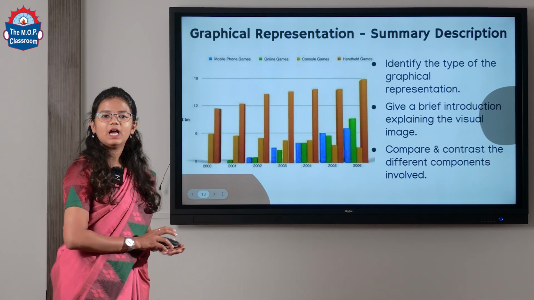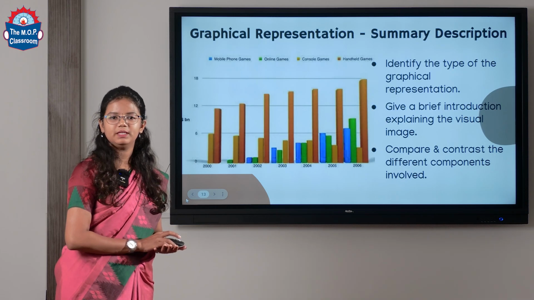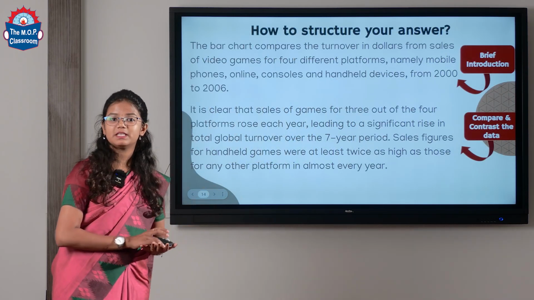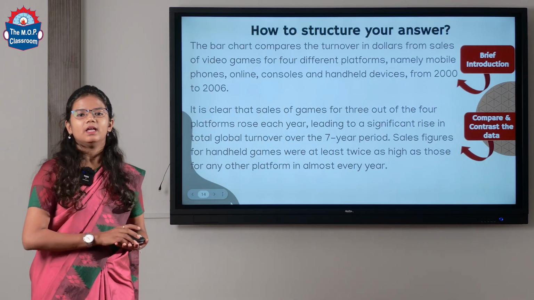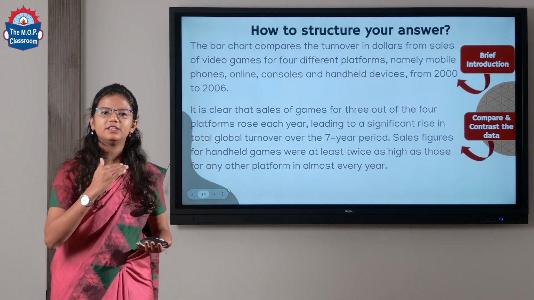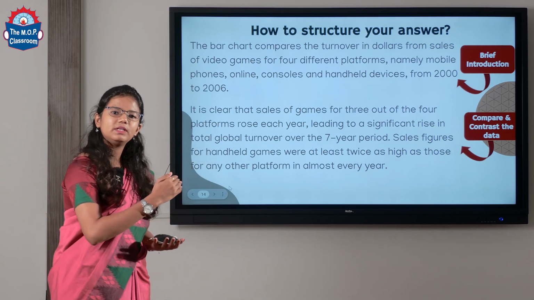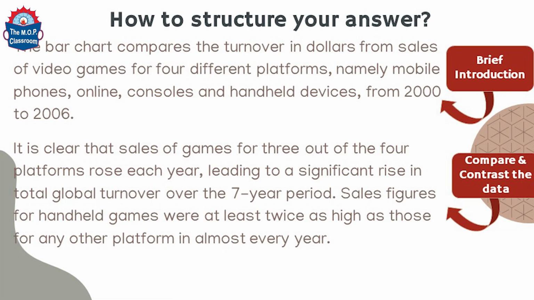Now, let us see how an ideal answer should be structured. The first major thing that you can notice is that these answers are divided into paragraphs. That will help your answer stand out, so that anybody who is looking at your description would be able to make sense of it. The first paragraph talks about a brief description of what the visual image is.